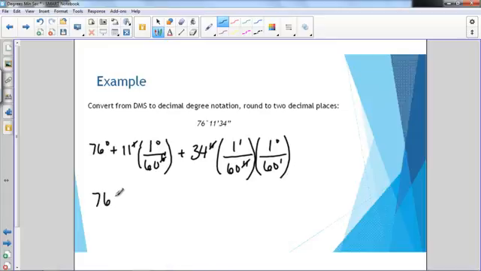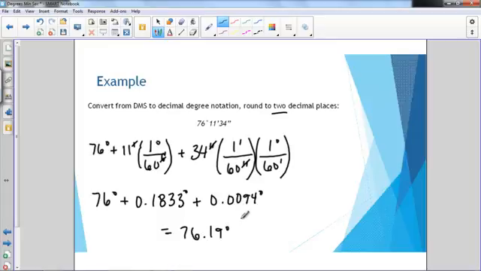Okay, yet again, putting all of this into my calculator, this second part is going to give me 0.1833 degrees plus 0.0094 degrees. Adding these three things together and rounding again to 2 decimal places, I'm going to be left with 69.19 degrees. And there you have it.